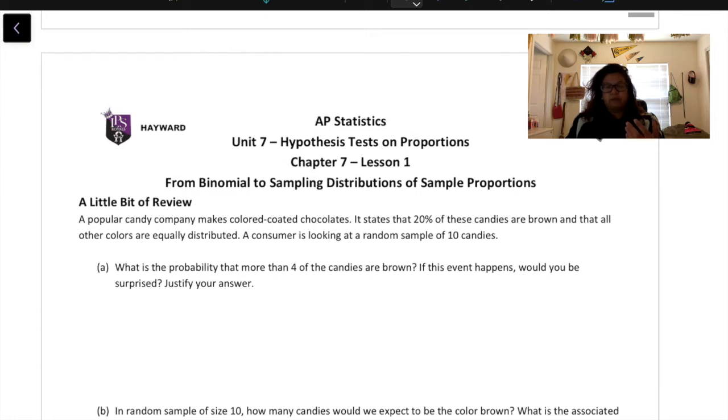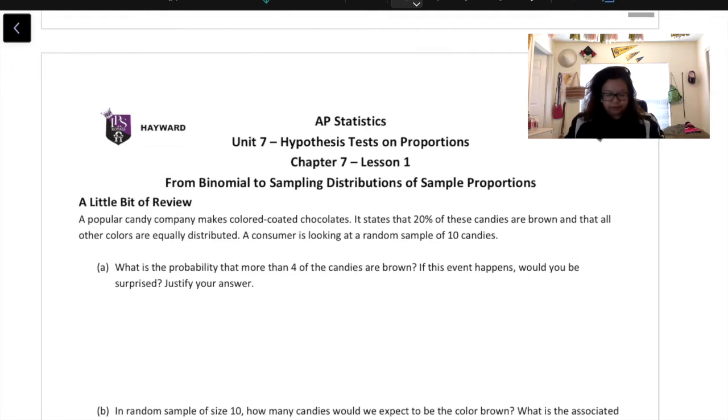Or if I'm looking at a bag of M&Ms and I take 10 M&Ms out, what percentage of those M&Ms is going to be blue? Essentially that's what we're doing. When we are doing proportions tests, we're actually looking at the z-score of a problem. Last unit we were looking at t-scores. This time we're doing z-scores for proportions. So let's go ahead and get started.